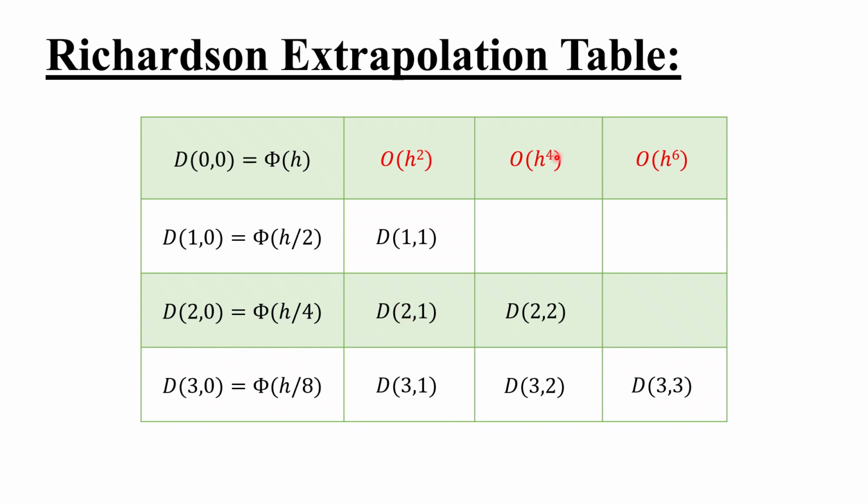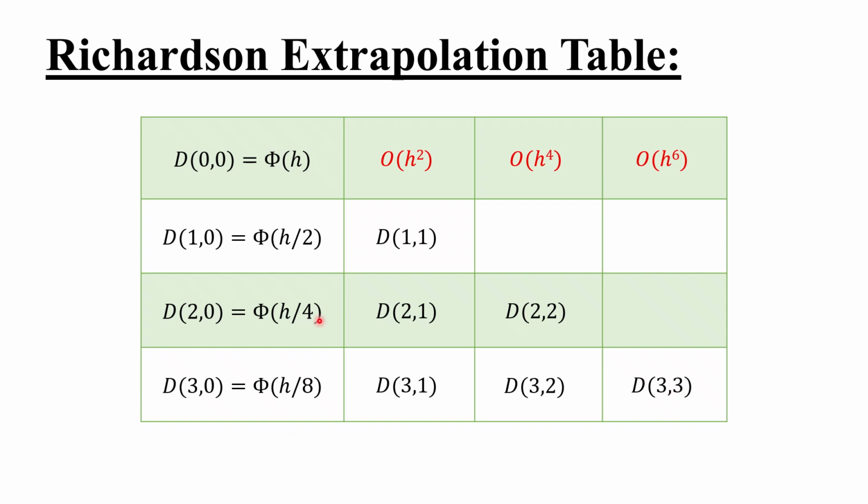Look here, this is h squared, this is h over 4, so you take the square of 4, so it is 16 times this value minus this, divided by 15. You come up with this result. Similarly for this one, 16 times D31 minus D21 divided by 15. When you move further, you again multiply by 4 and come up to 64. Here you multiply this value by 64 minus this value, divided by 63. So this is the way you can come up with this table.